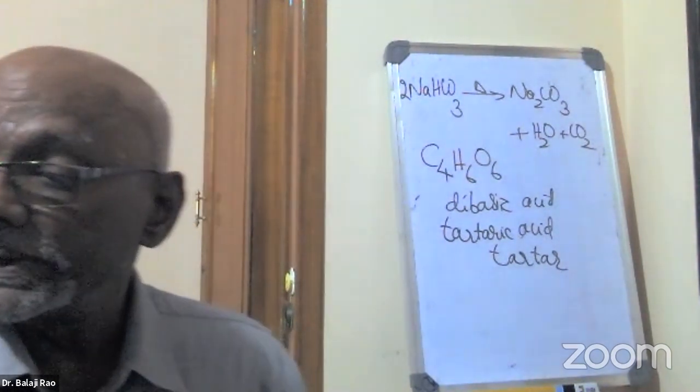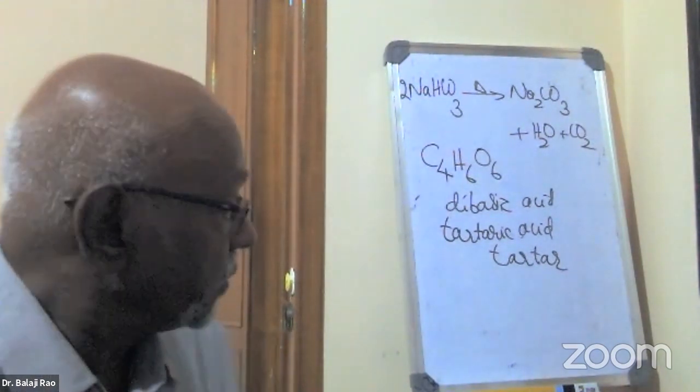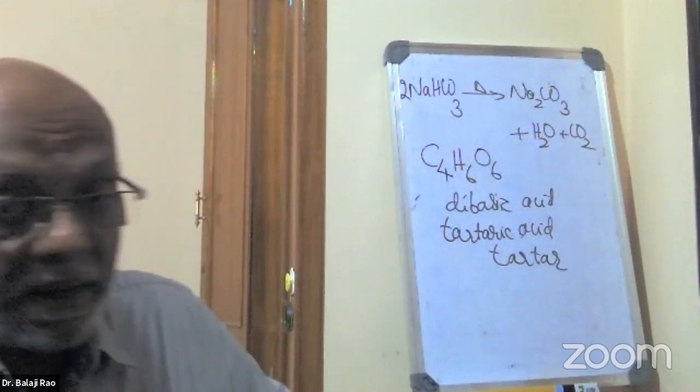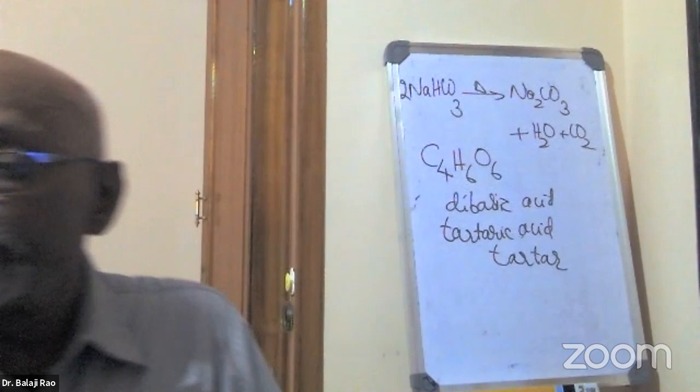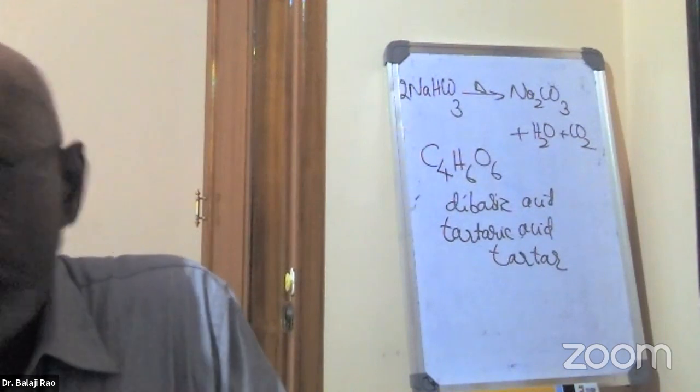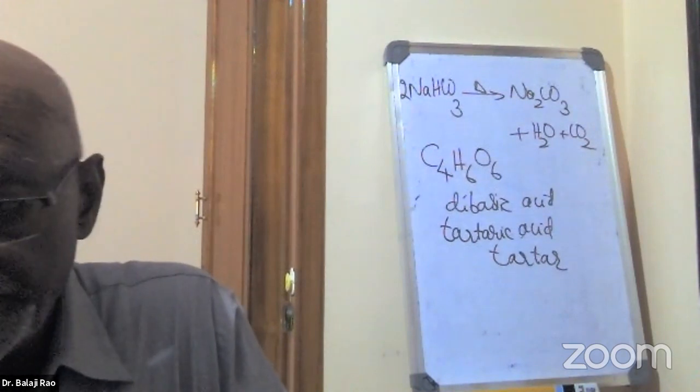So this tartaric acid is used along with sodium bicarbonate, and this mixture is what we call baking powder. Now, how does this work?